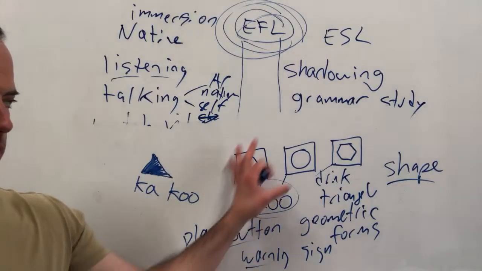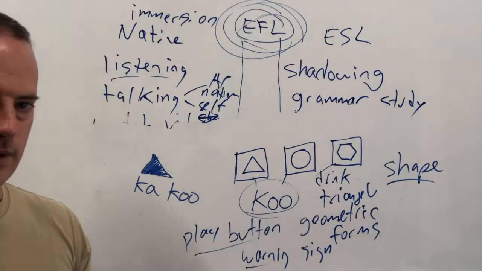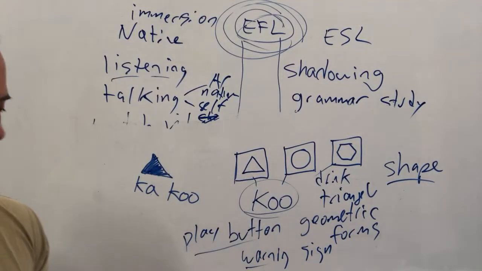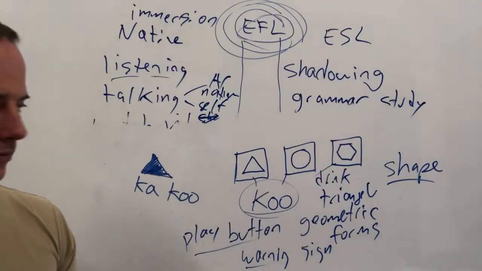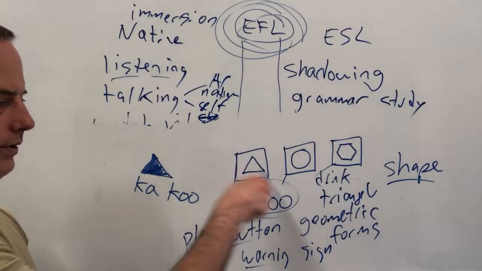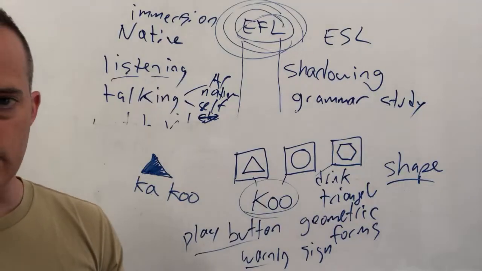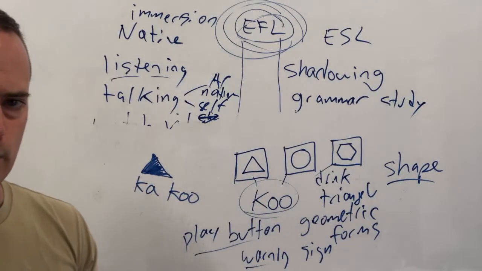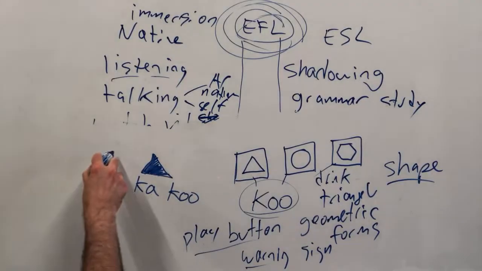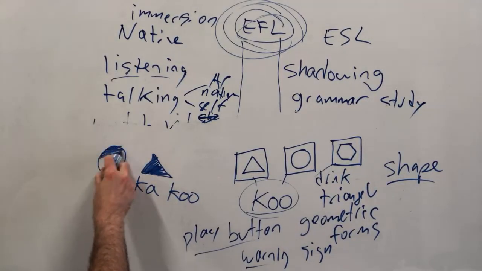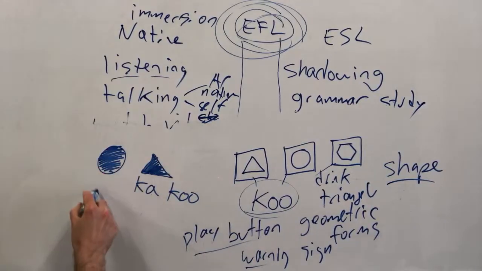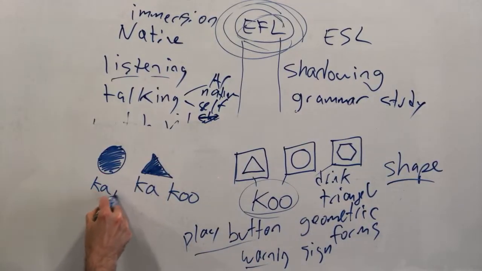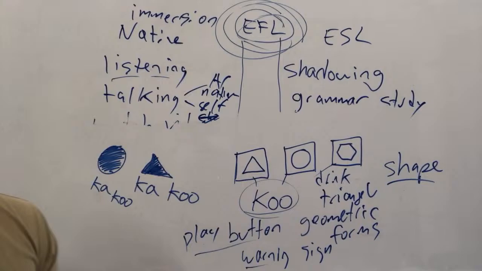So let's say this is today's lesson. We're just covering this very quickly, but then we come back tomorrow and I'm introducing this. So ku is this over here, any kind of shape. So this is kaku. What do you think I'm doing here? Kaku.